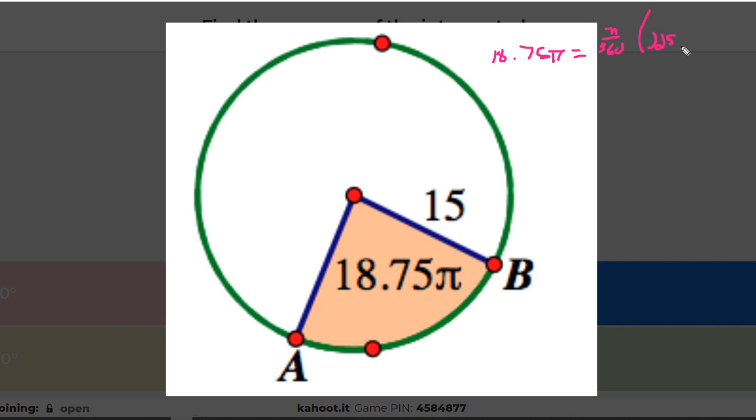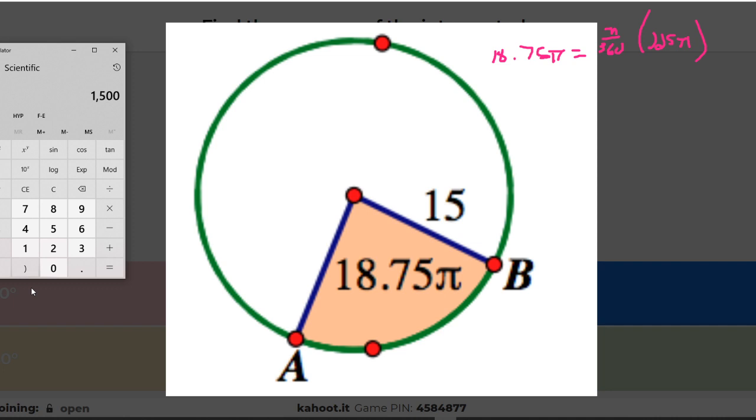Instead of reducing now, I'll just do the calculator, because you can just use the calculator too, just to speed this up. I know the pi's are going to end up canceling out. 18.75 times 360 divided by 225. Oh, it is 30. So I must have made just a calculation error before. So there you go. It is 30.